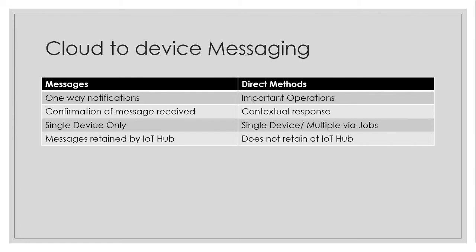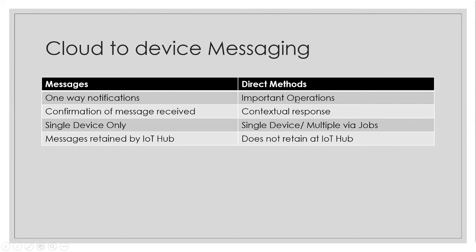So the message might get delivered at a later point if the device is offline. It is retained at the Azure IoT Hub level, and this message sending is per device. You cannot send messages to multiple devices.